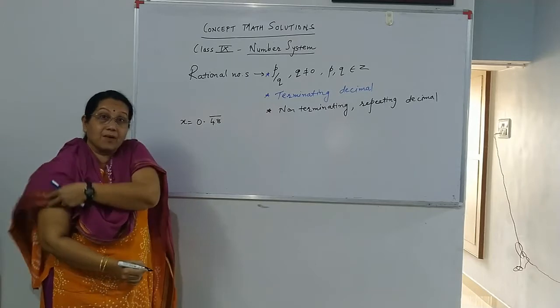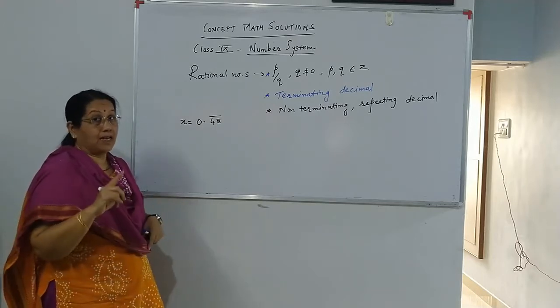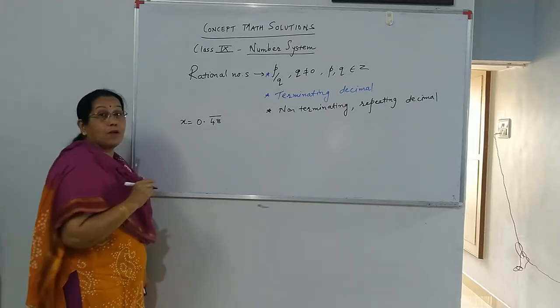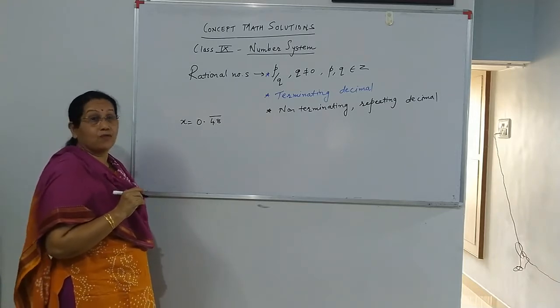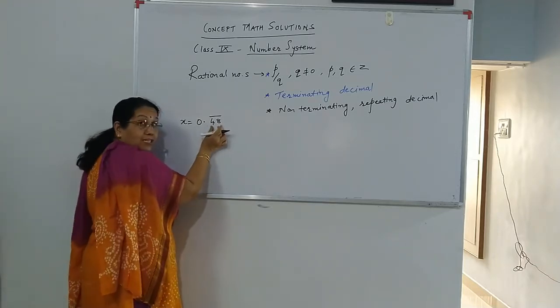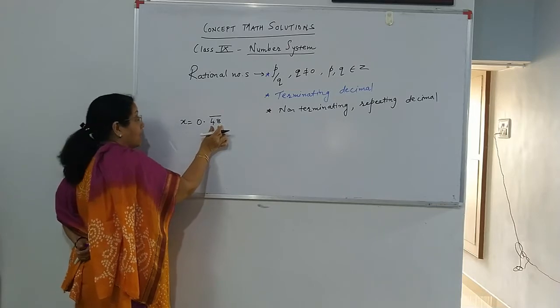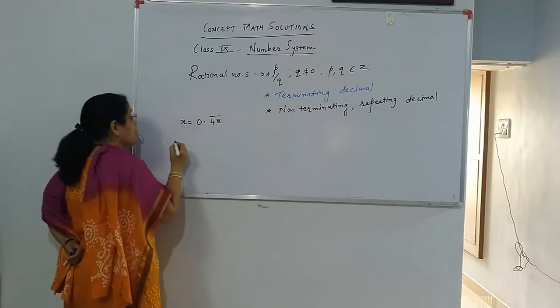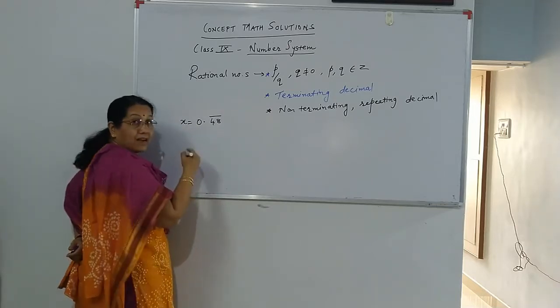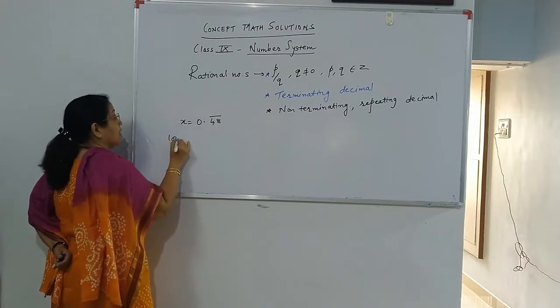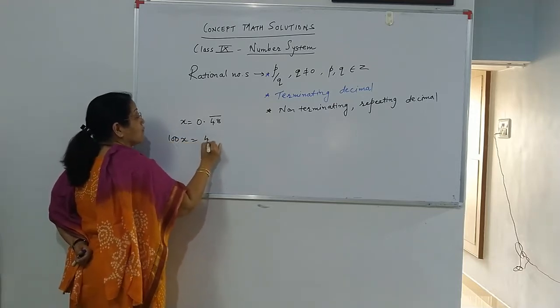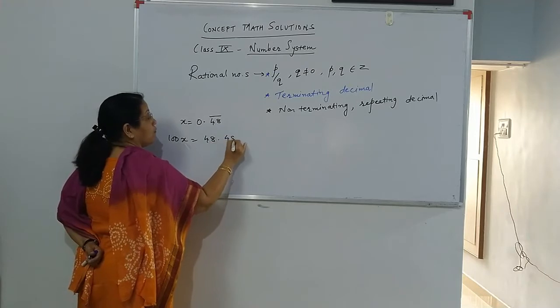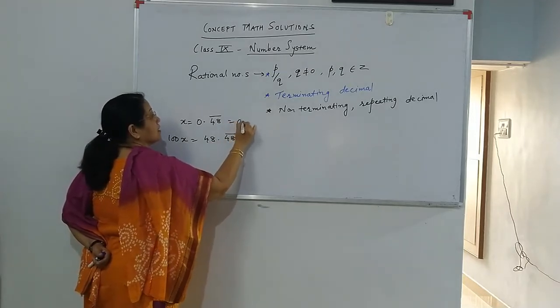Now it's a rational number because it is non-terminating but repeating, and I want to represent it in p by q form.